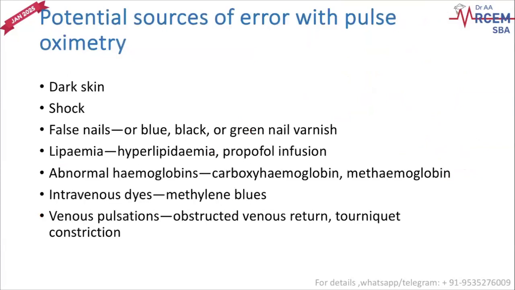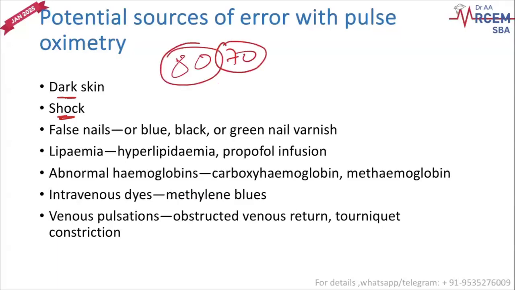Potential sources of error with pulse oximetry. When you are using a pulse oximeter, wrong readings can come up if the patient is dark skinned. If the patient has severe hypotension, with systolic blood pressure 80, 70, it cannot pick up. There should be good pulsatile flow of blood present to pick it up. Sometimes a venous pulsation can be picked up wrongly, and venous saturations might be shown rather than arterial saturations.